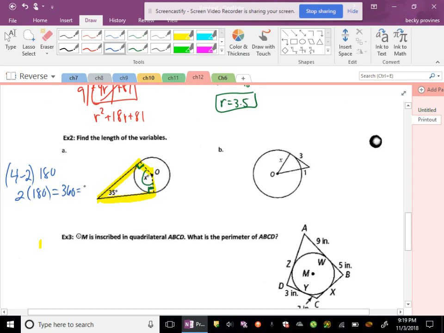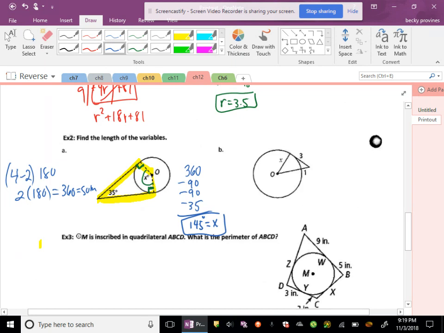That's your sum. So how do you find angle X? I'm going to take my sum and then subtract the 90 and subtract the other 90 and subtract 35. Okay, so let me grab my calculator and type this in, and I get 145 degrees equals X.